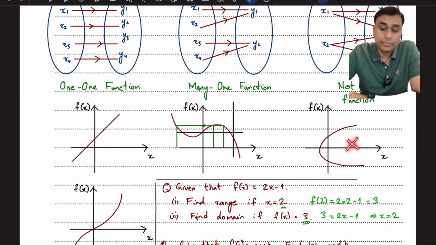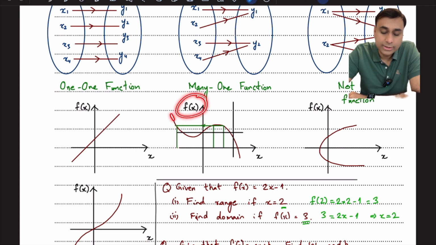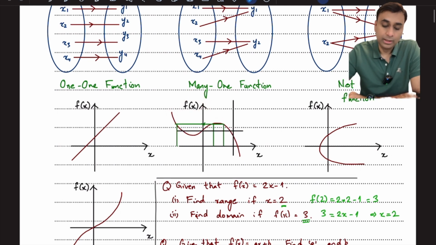Such a diagram could not possibly be a function, because you can see that in this particular diagram, a single domain corresponds to different values of ranges. So this is not a function, but this is an example of a function where you have one range corresponding to multiple domains. You can think of this to be the speed of the car. The speed of the car decreases, then increases, and then decreases again. So the value of speed can repeat at different values of time.